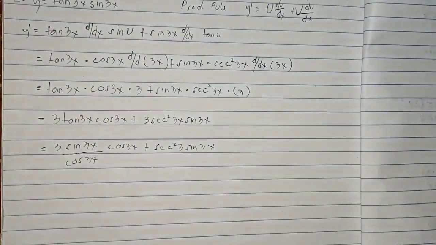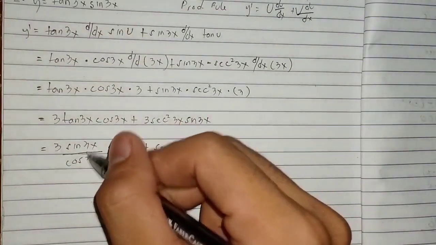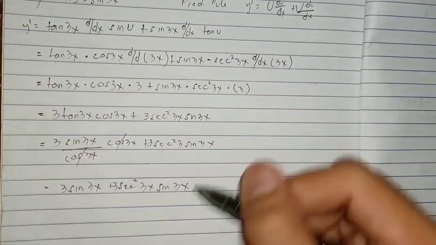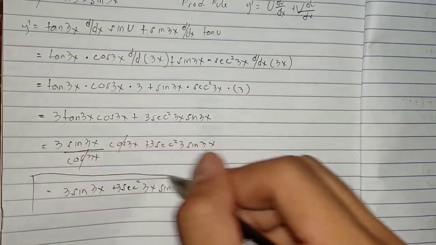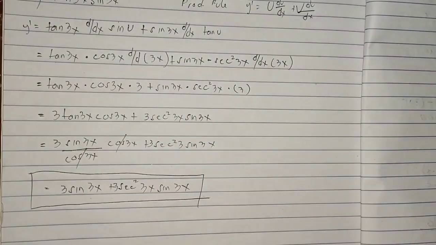As we can see, we have the same value here, so we can cancel this out, because if we divide that, that is equal to 1. So what we have left is the final answer of our trigonometric function.